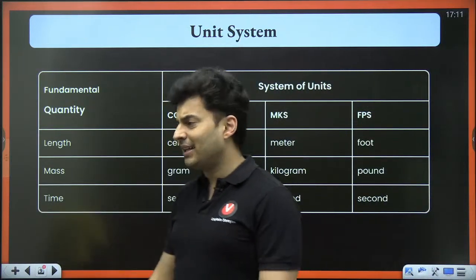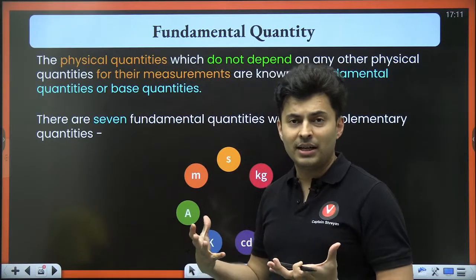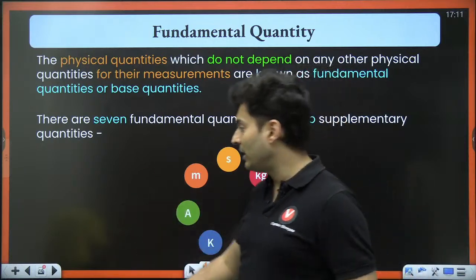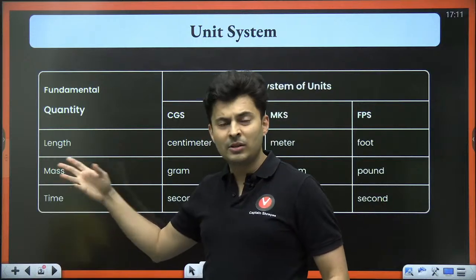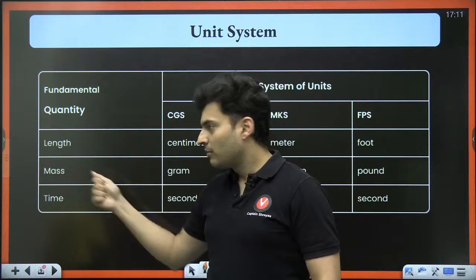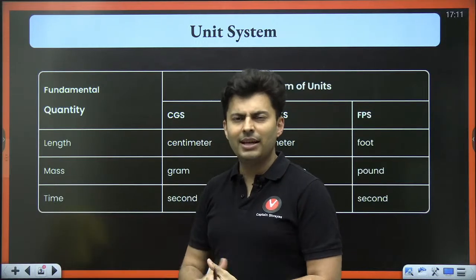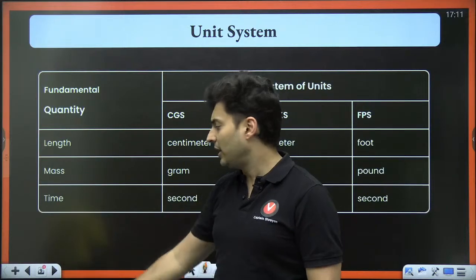But this can be further extended to many more quantities. People realize that there are many more fundamental quantities. Don't worry about this, we'll come to it. First, people thought length, measuring the distance, is very elementary. Measuring mass is very basic and fundamental. Seeing how much time has passed is very fundamental.